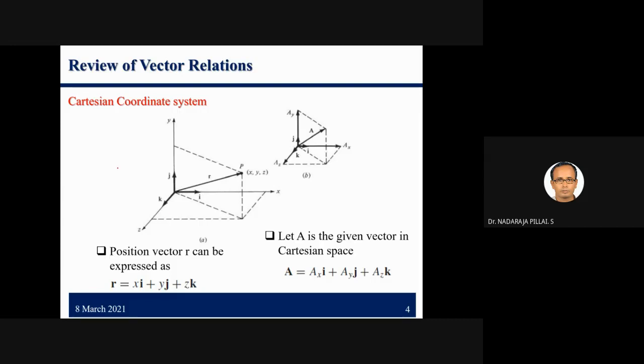Here let us consider the Cartesian coordinate system.